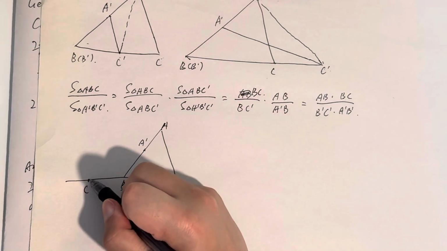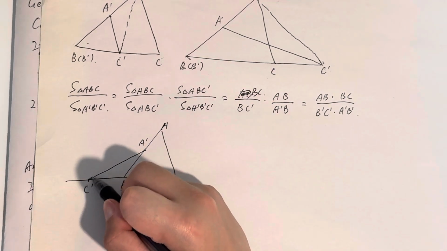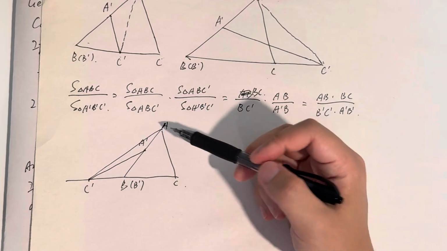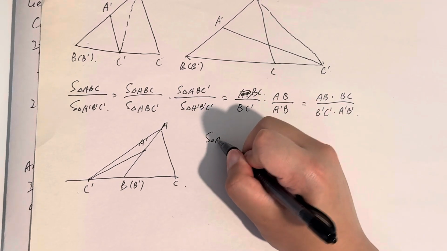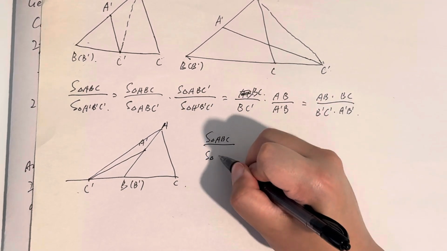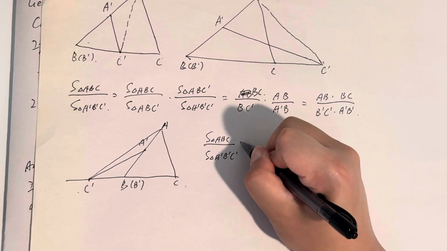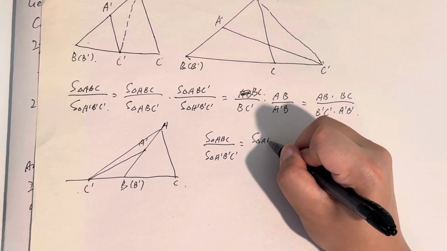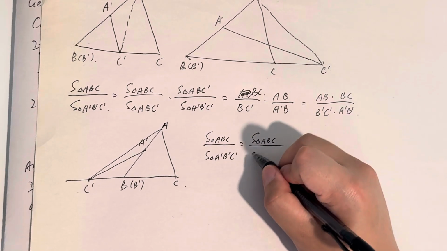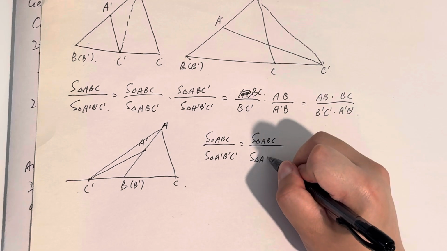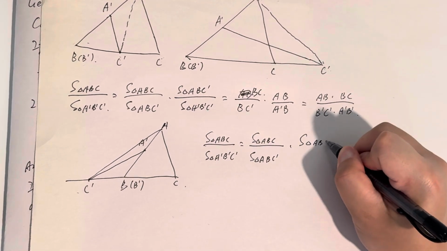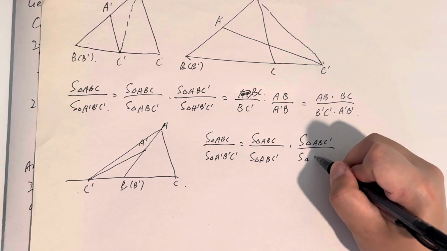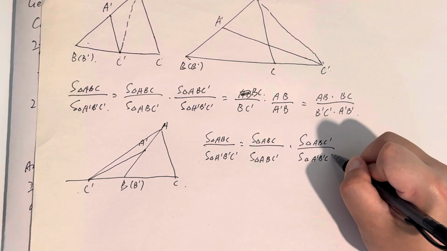So we can still connect AC prime. Then we have the area of triangle ABC to the area of triangle A prime B prime C prime equals the area of triangle ABC to the area of triangle ABC prime first, times the area of triangle ABC prime to the area of triangle A prime B prime C prime, right?